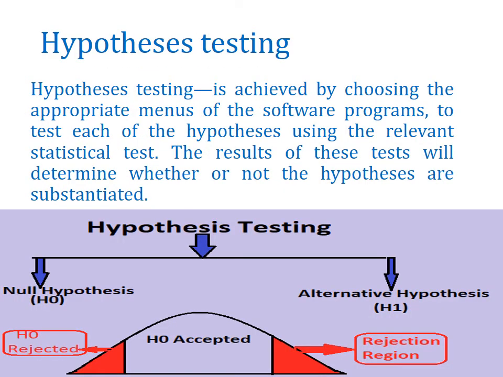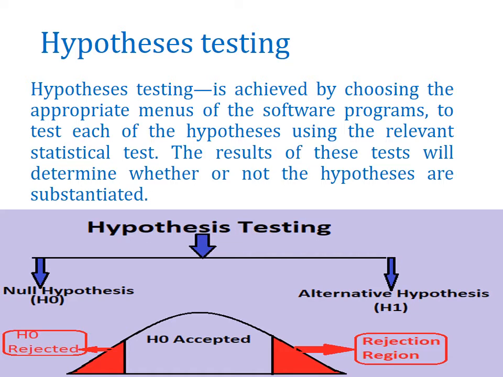The third most important objective of data analysis is hypothesis testing. Hypothesis testing is achieved by the researcher choosing the appropriate software program to test each of the hypotheses using the relevant statistical tools. The results of these tests will determine whether or not the hypotheses are sustained.